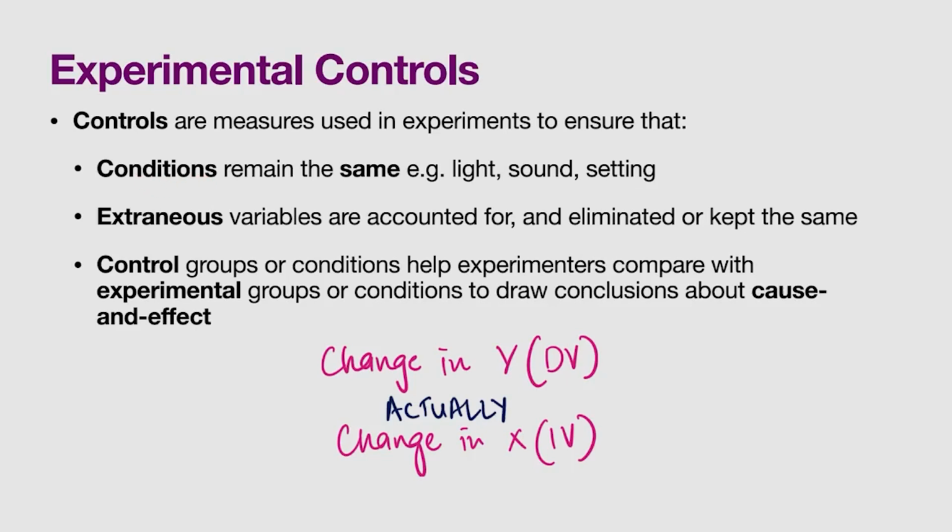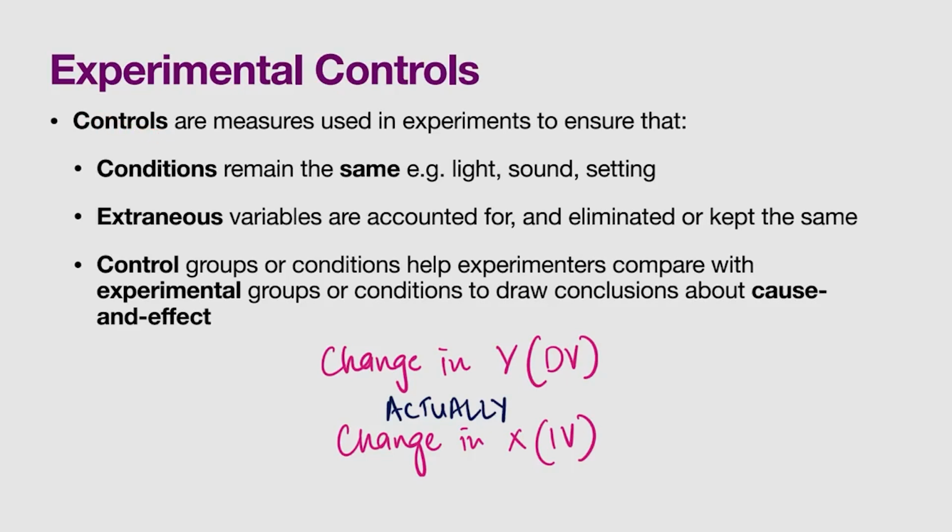We'll talk about that next, but for now you've got to make sure that the conditions of the experiment remain the same. For example, the light in the room, the sounds, the setting, the general sort of space in which an experiment happens must be carefully controlled.